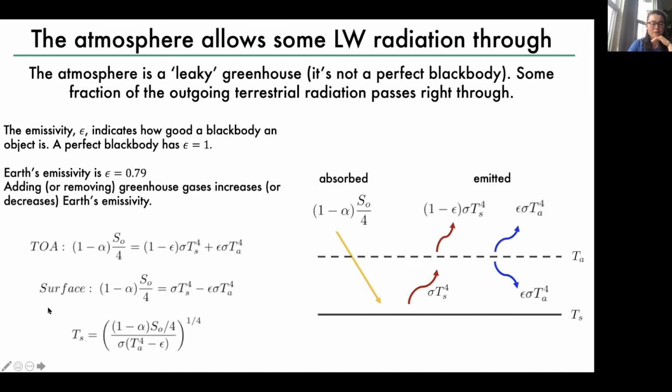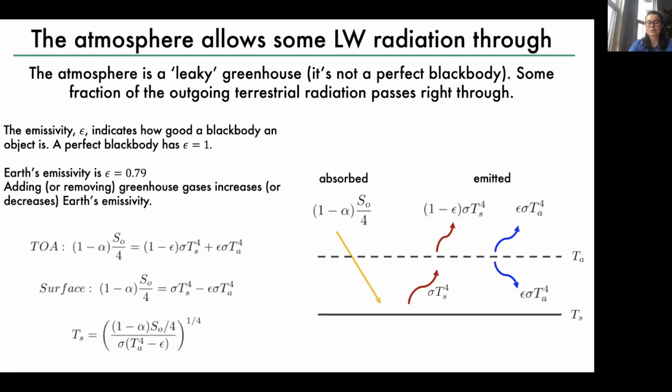So the thing that we're forgetting is that the atmosphere does not absorb perfectly all of the terrestrial radiation. It's sort of a leaky greenhouse instead of a perfect black body. And so some fraction of the outgoing Earth radiation, terrestrial radiation, just passes right through the atmosphere.